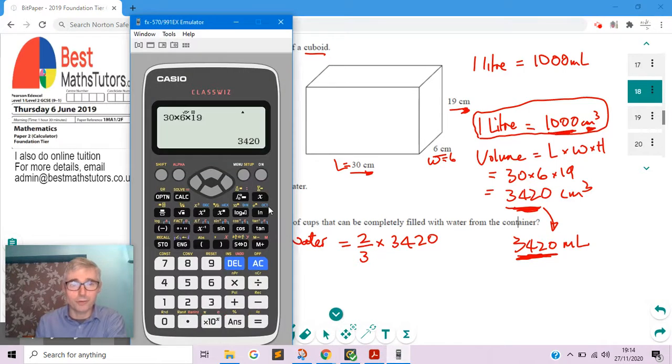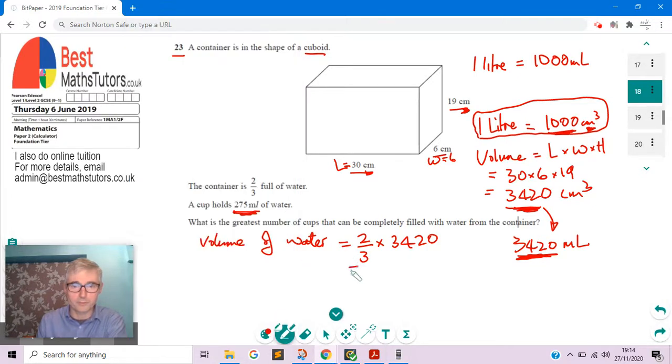But since we are on the calculator paper, I'm just going to use the fraction button, 2 over 3, and then times by 3,420. And so that gives me the volume of water in millilitres, 2,280 millilitres.